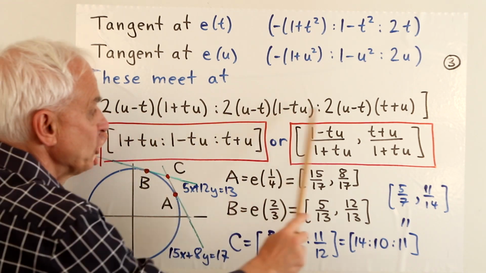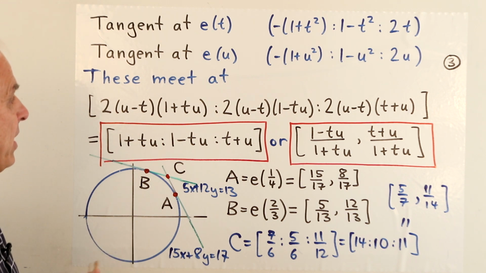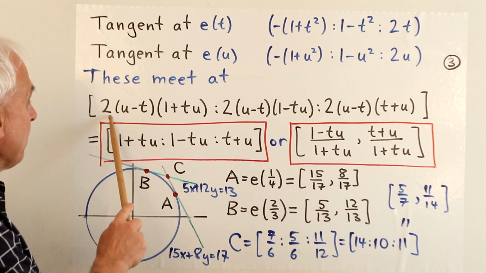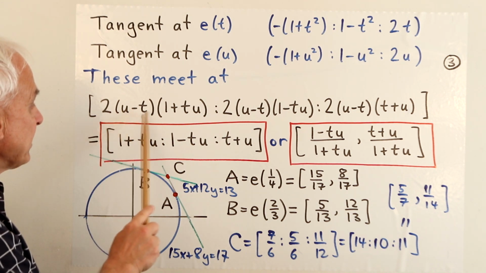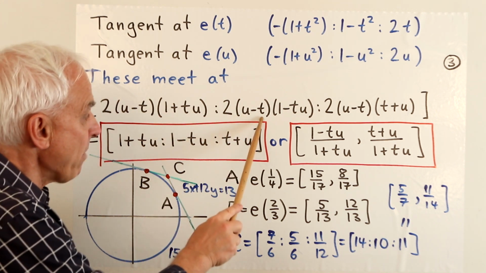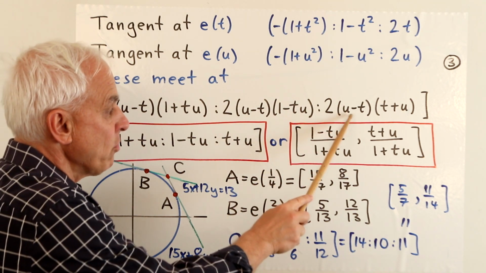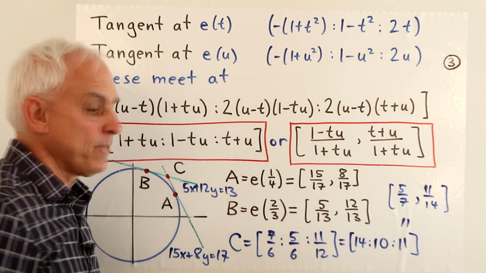This is then the projective coordinates of the meet of these two lines. And it turns out to be the point 2(u minus t)(1 plus tu), 2(u minus t)(1 minus tu), 2(u minus t)(t plus u).